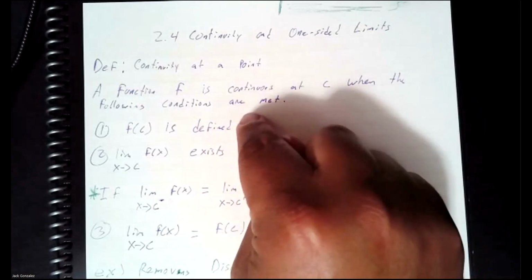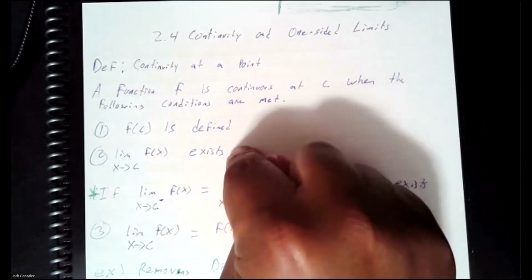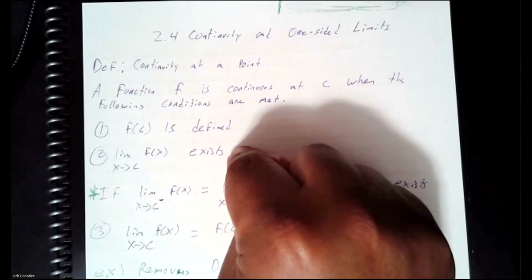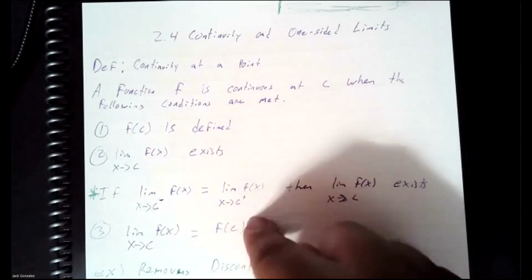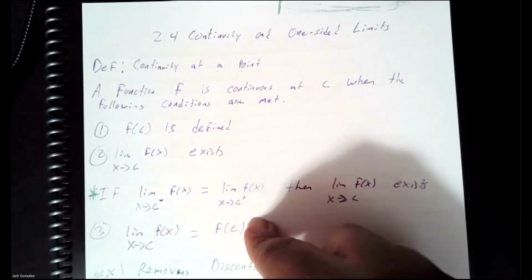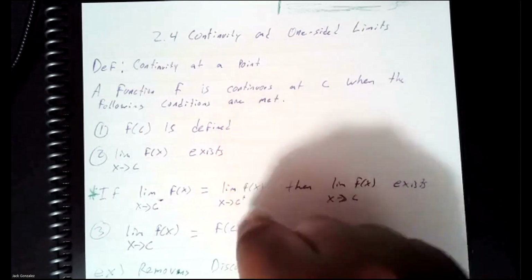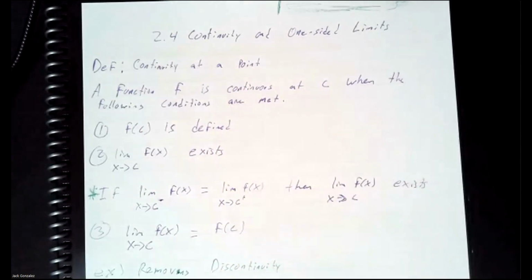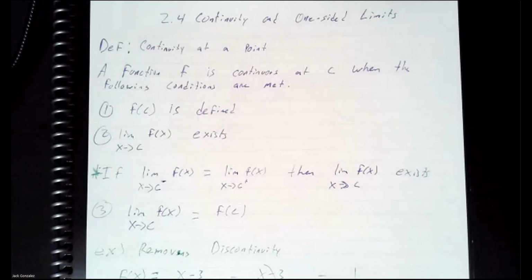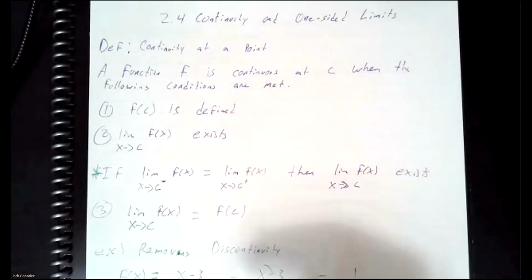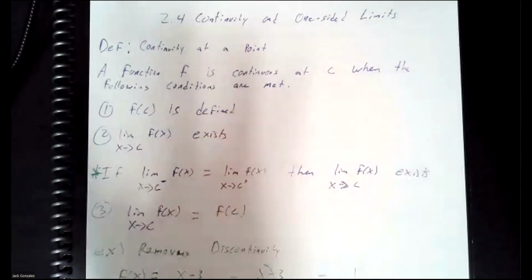And it is, we got a 3. The limit exists, we got a 3. If the limit is the same as the functional value, then 1, 2, and 3 are good. That means that yes, it is continuous. That's how you prove that it is continuous. You have to check off all 3. If one of them fails, then you just say no.